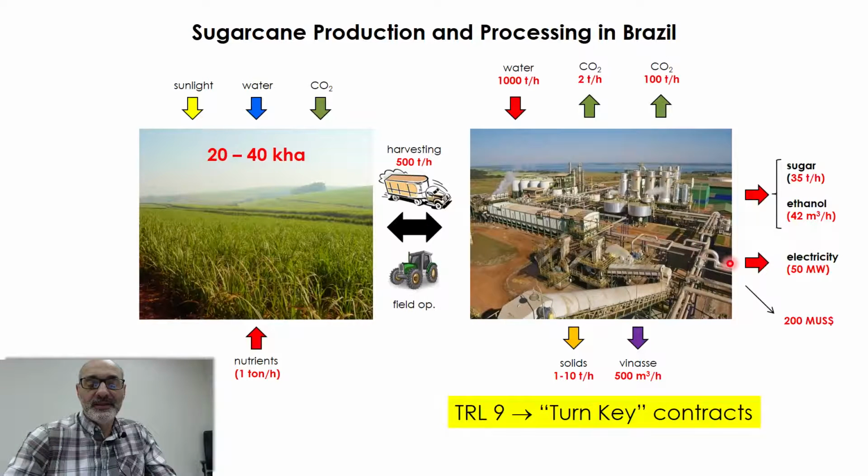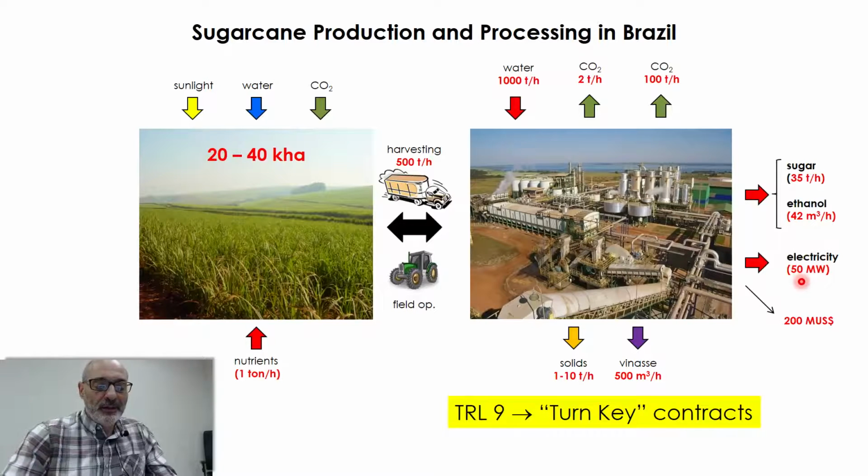And from bagasse, you can export 50 megawatts, okay. This is surplus, okay. All electricity necessary for the processes is already accounted for. So 50 megawatts is surplus electricity that you can sell on the grid, okay.